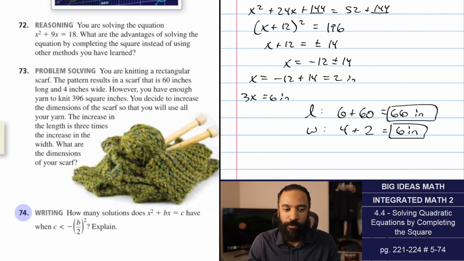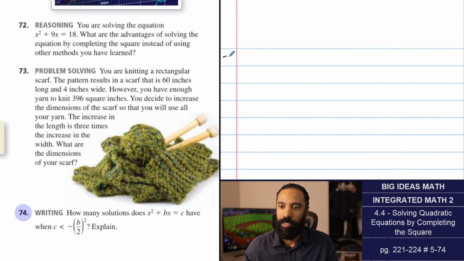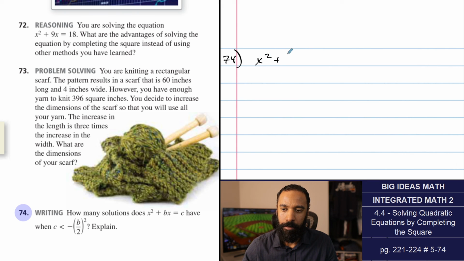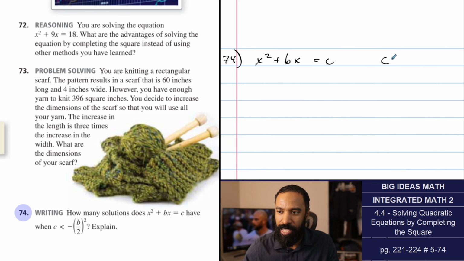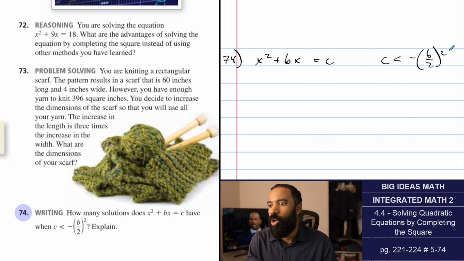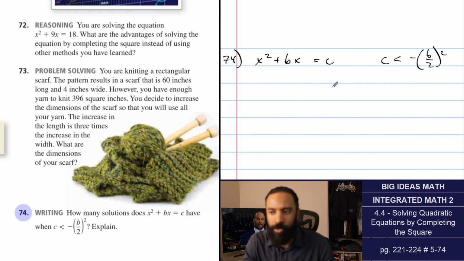Last question, number 74. How many solutions does x squared plus bx equals c have when c is less than negative b over 2 squared? Explain. Well, here's the thing about negative b over 2 squared.